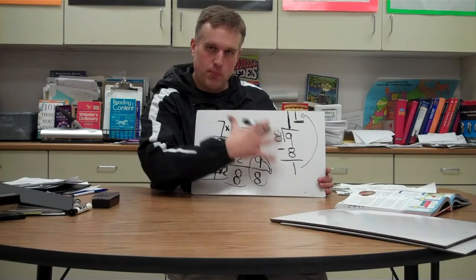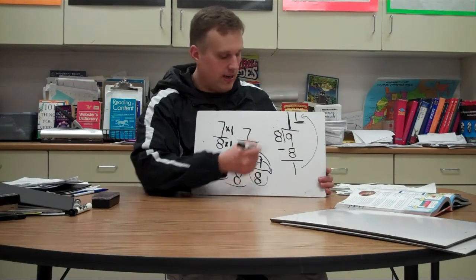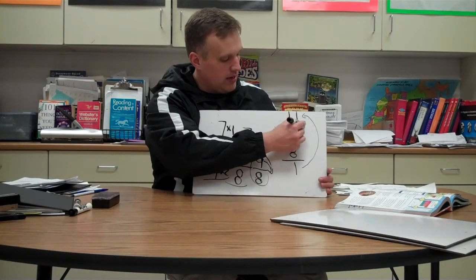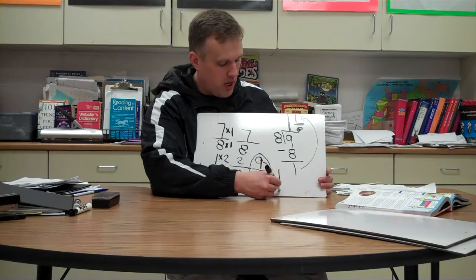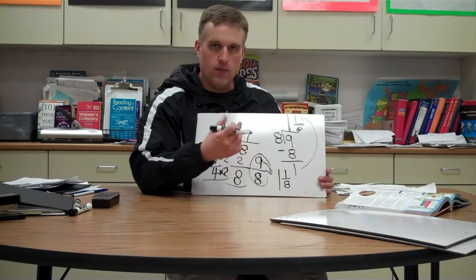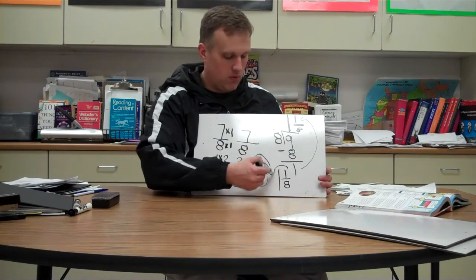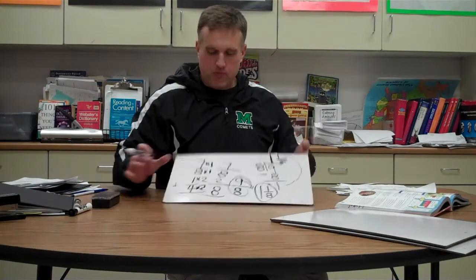And just like with everything else we've been doing, our denominator stays the same. So our denominator is 8 here, so it's going to be 8 here. So my answer is 1 and 1/8. That means I have one whole, and then I have 1/8 of another whole. Okay? That's number 23.